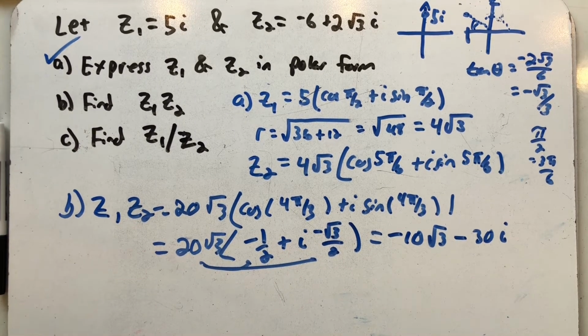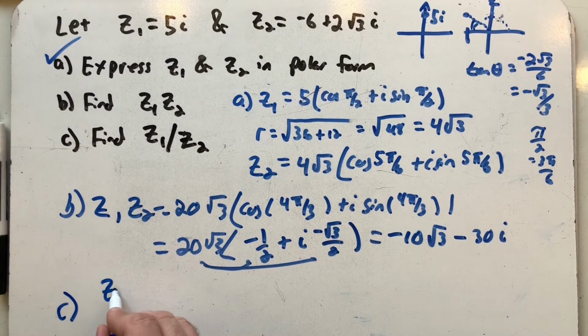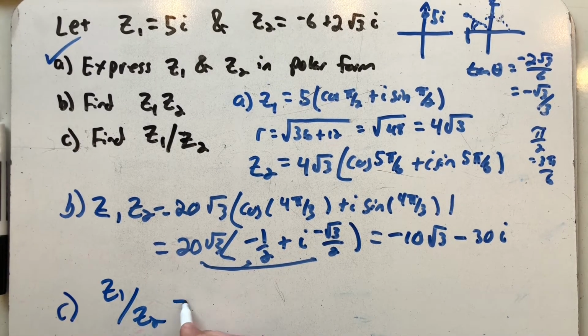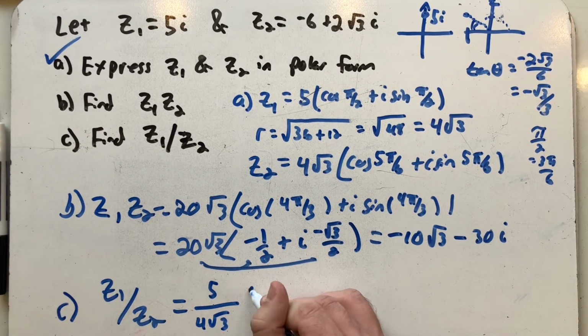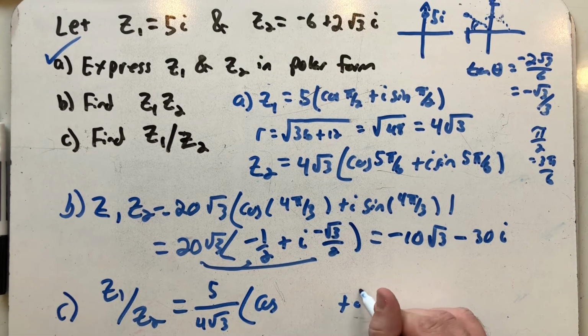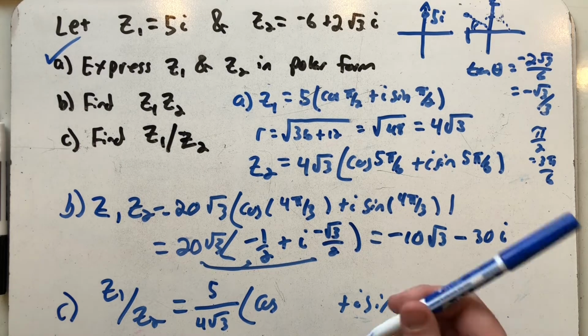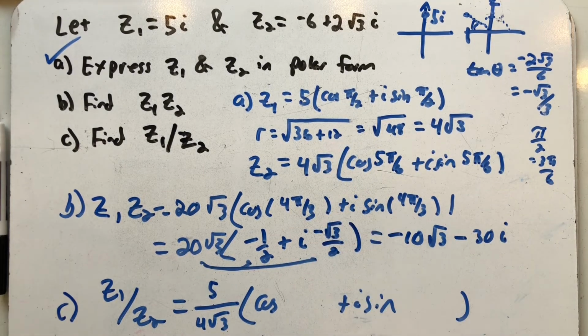All right, so now I've also been asked to divide those two complex numbers, so z1 over z2. And I know what I do is I divide the radii, I divide those r values, so I'm going to have a 5 over 4 root 3. Cosine plus i sine of an angle that this time I find by subtracting my two angles. And so I now have pi halves minus 5 pi over 6, which would give me a minus 2 pi over 6 or a minus pi thirds.